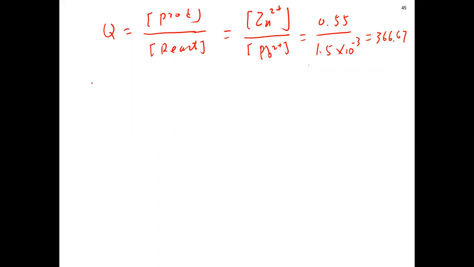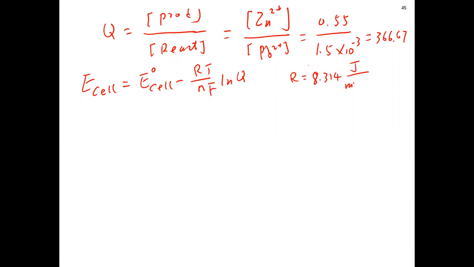Now we know the equation we want to use is E cell equals E standard cell minus RT divided by nF ln Q. R equals 8.314 joules per mole per Kelvin, T equals, in this example, 298 Kelvin, and n is 2 moles of electrons.